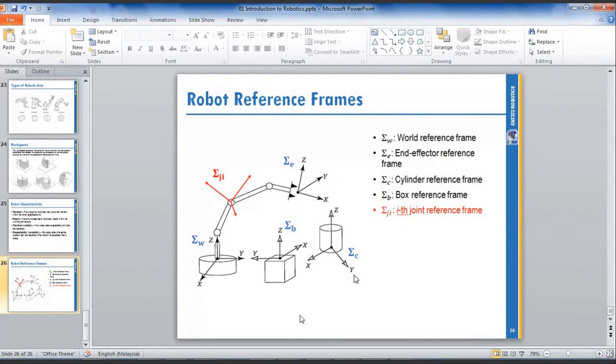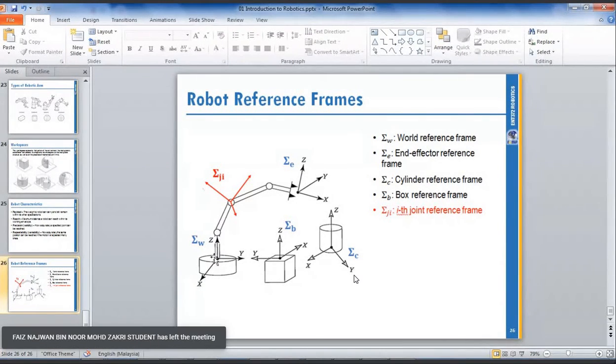Okay, this one is just an introduction to kinematics. So you can see here, your robotic arm has 4 joints. 1, the base, 2, 3, 4. So you have 4 joints.